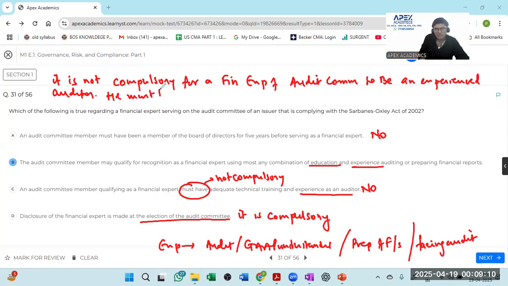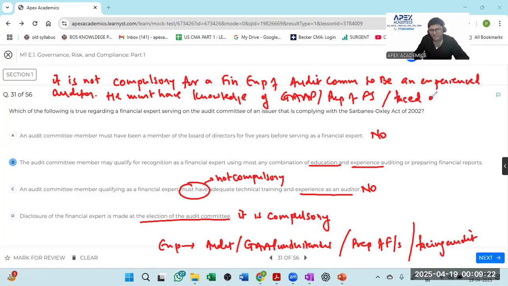He must have knowledge of GAAP, preparation of financial statements, and must have faced audit as a member of management of a company. Are you understanding what I'm trying to say? Sakshi, does that solve your doubt?